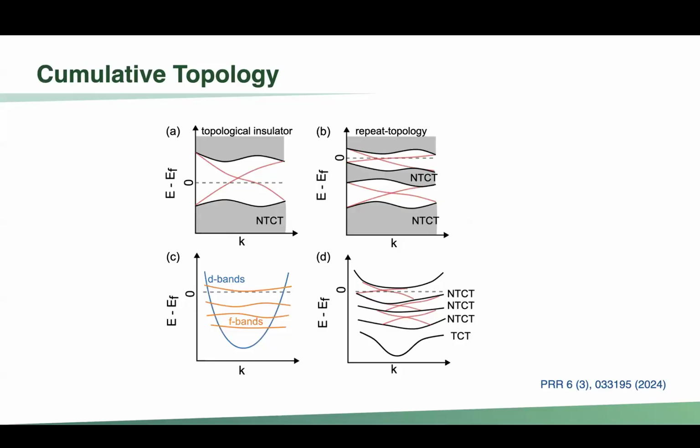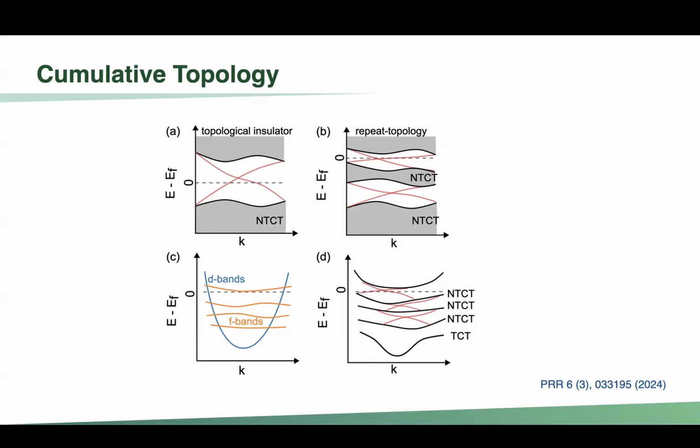And something very interesting that happens in these systems is what is called cumulative topology. Cumulative topology means that whenever we have a topological gap with topological bands, this will persist in every gap until we find a gap with the same invariant, and then they will cancel out.